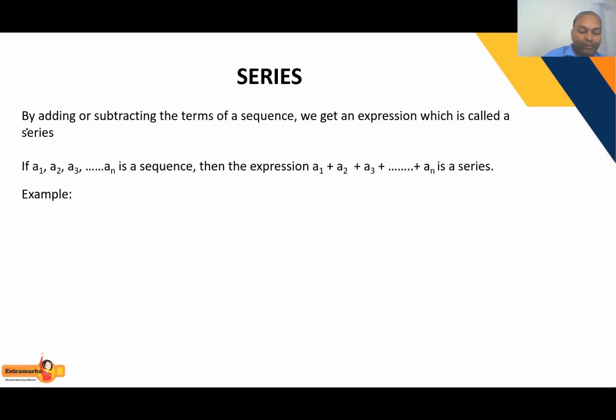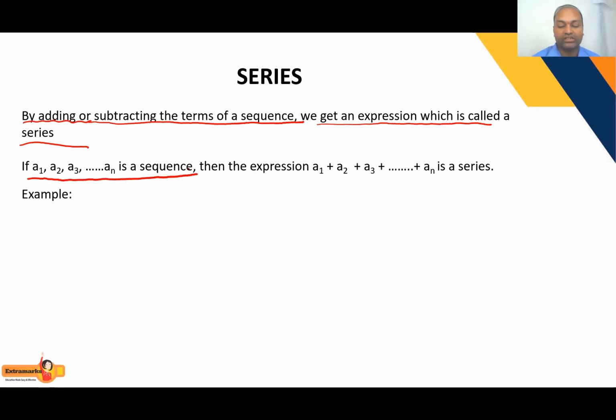Now you see here, by adding or subtracting the terms of a sequence, we get an expression which is called a series. For example, A1, A2, A3, and so on, AN is a sequence.